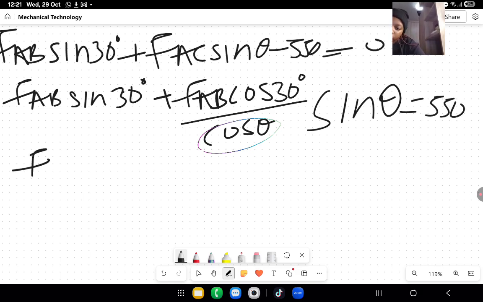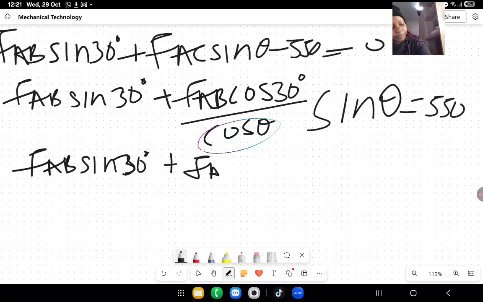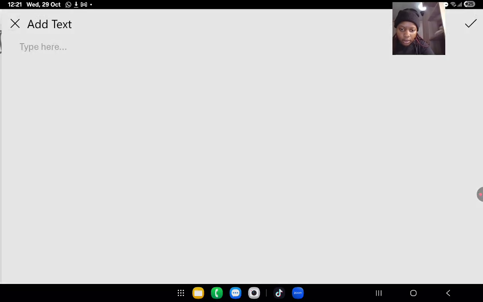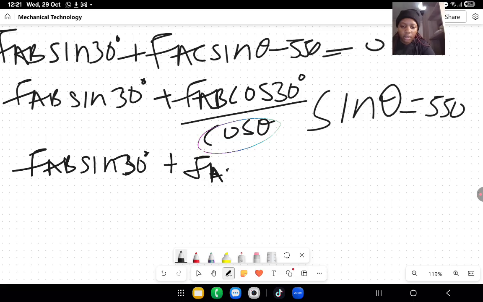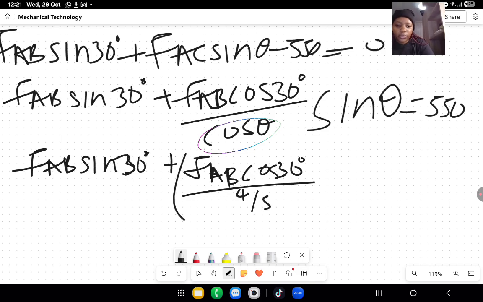So we have FAB sine 30 degrees plus FAB cos 30 degrees over cos theta, which is 4/5. Then we multiply it by sine theta, which is 3/5, which equals 550. Then we add these because they are like terms.